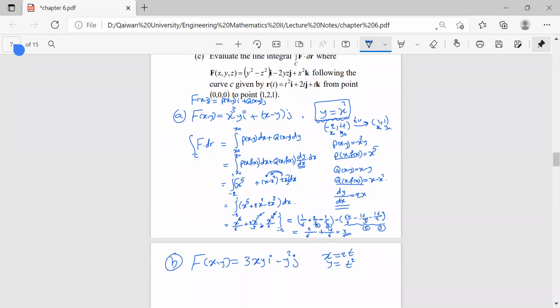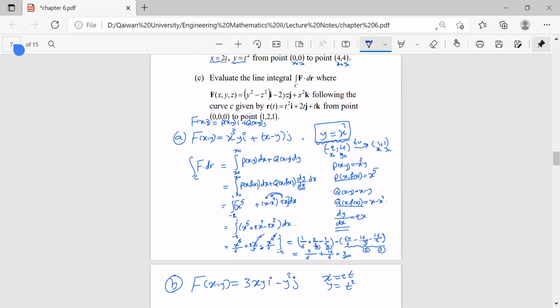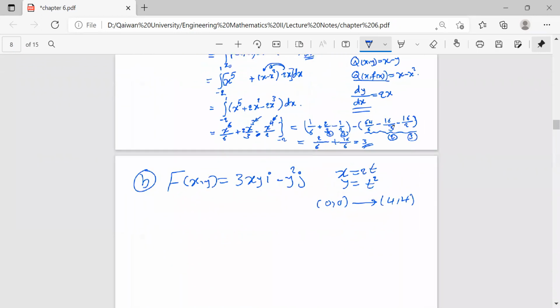And we also have given the initial and destination points, which are (0, 0) to (4, 4). Okay, we have given these.